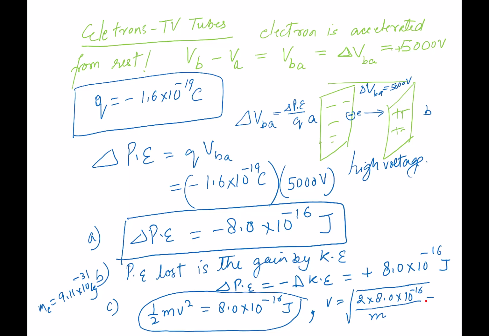It comes out to be a tremendous amount of speed, of the order of 4.2 times 10 to the power of 7 meters per second. It's this fast that the electrons get attracted when they're in presence of high voltages.